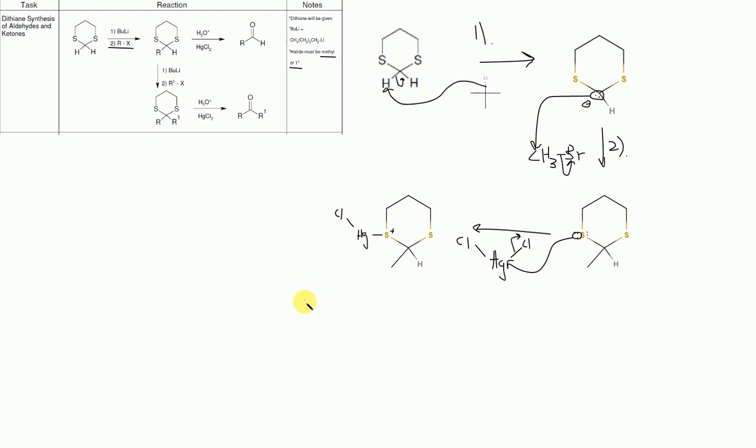Now the other sulfur is going to contribute, because sulfur is an electronegative atom and wants to have electrons. It does not want to be positively charged. Just like oxygen, whenever oxygen becomes positive, it becomes a very good leaving group, and the same thing applies to sulfur. It's positive now, and it becomes a good leaving group.